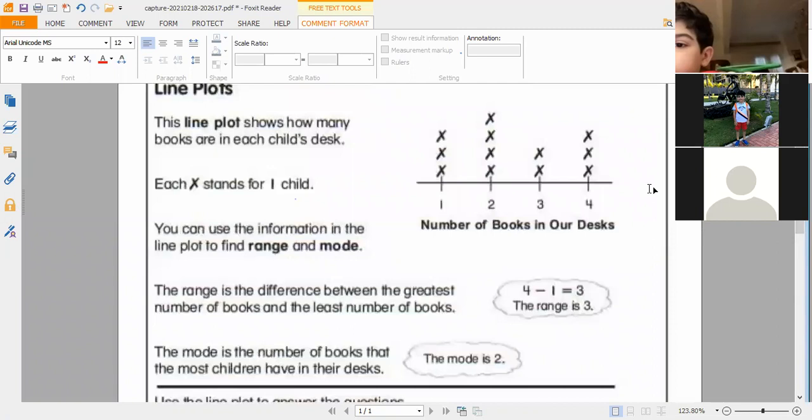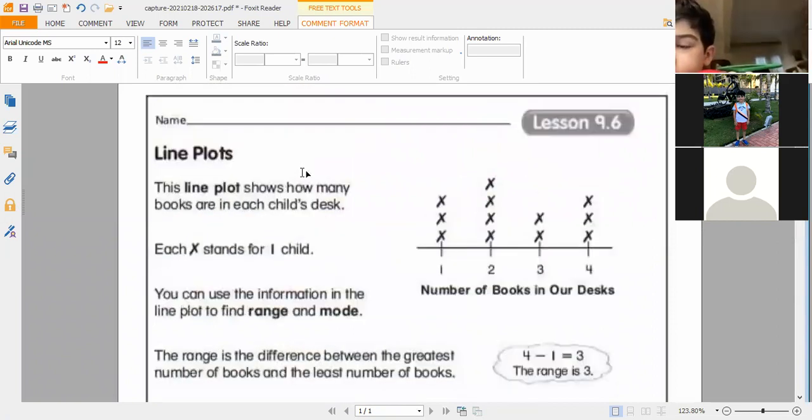Okay, Malik. Tell me how many children choose 4 books. We said that these numbers below refer to the number of books, and these plots or x's refer to the number of children.